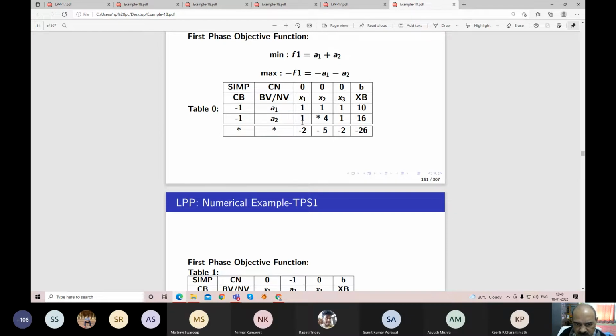Minus 8 plus 5, so minus 3 by 4. Again, you can see minus 8 plus 5, minus 3 by 4. And this 26, 26 into 4 is 104, minus 104 plus 80, that is 24. 24 divided by 4 with a minus sign, the minus 6.